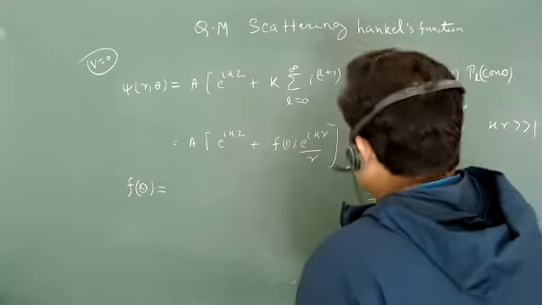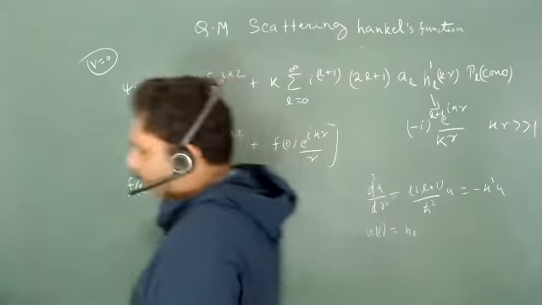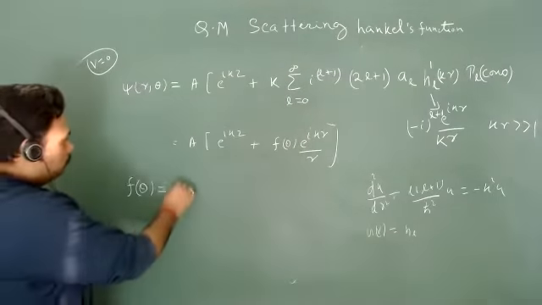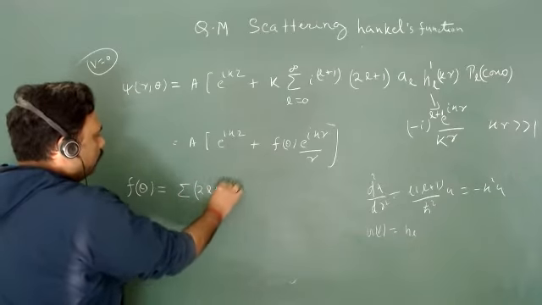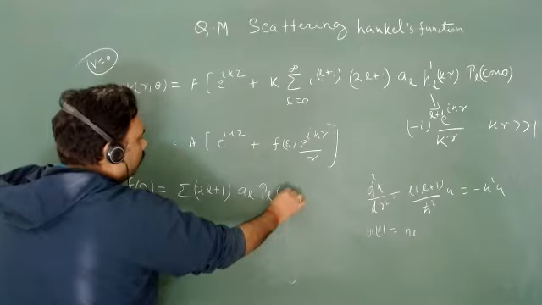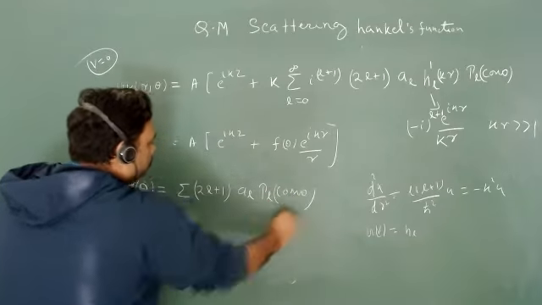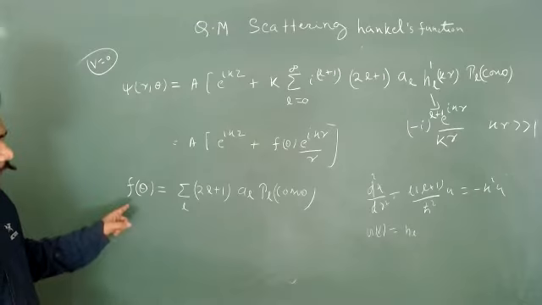And then what is my f theta? My f theta is basically summation over 2L plus 1 AL PL cos theta. This is my value of f theta, isn't it?